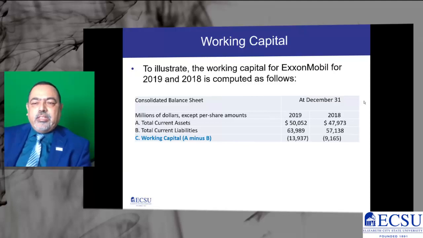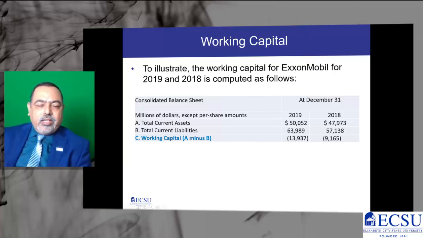As you can see, the total current assets reported by ExxonMobil were 50,052, all in millions of dollars, and last year they had reported 47,973, and they have current liabilities well over the current assets. That is why the working capital, as you can see, is in the negative domain.